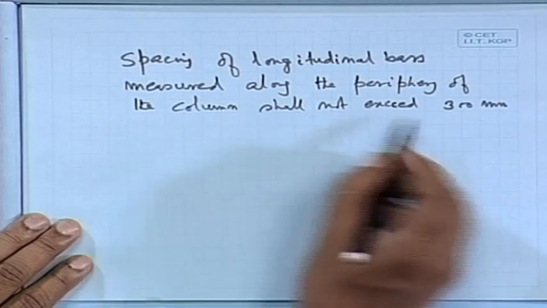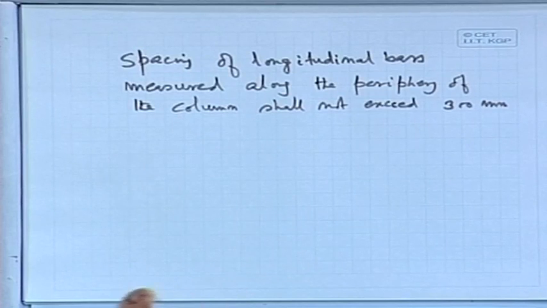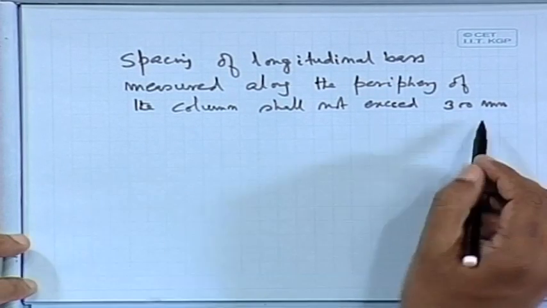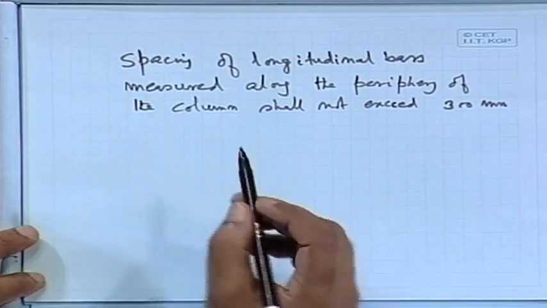That means the maximum gap between the longitudinal bars can be 300 millimeter. If it is more, then we have to provide 2 number.